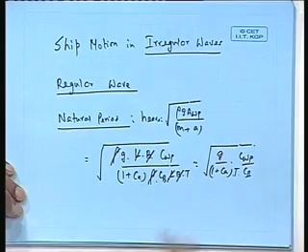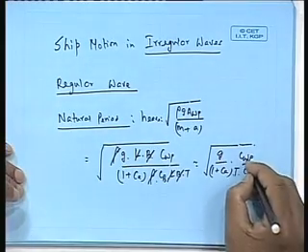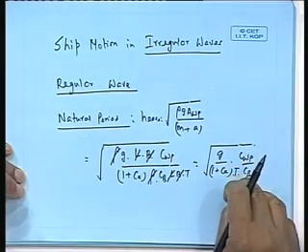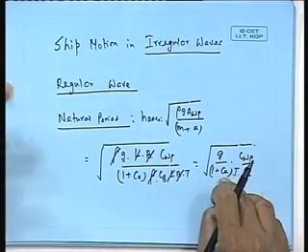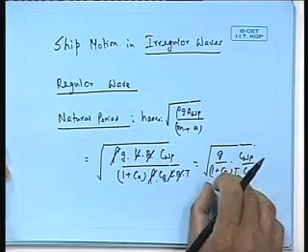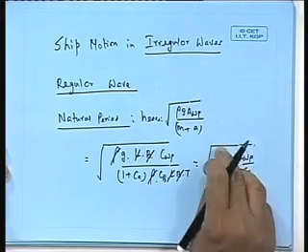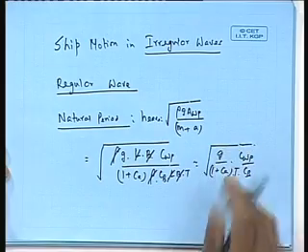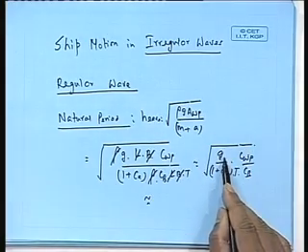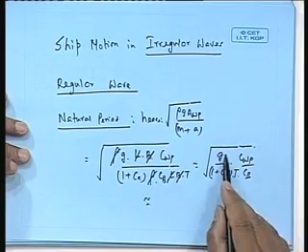Now, if you work it out for a typical ship shape, you will find that Cwp by Cb is almost like a 1. Let us say Ca is also 1, so 1 plus Ca is 2. If you take g to be approximately 10, instead of 9.8, and 1 plus Ca to be 2, it becomes 5.